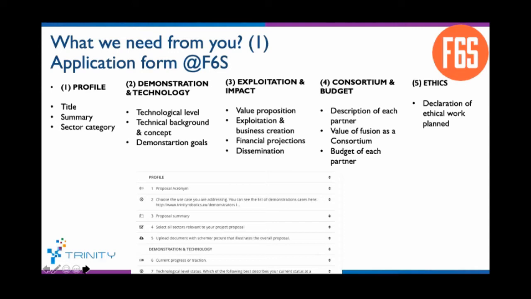You can always find those files in the application form, where you see a link. For example, the declaration of honor, or the proposal template 3.1. Those are the documents that you upload from our website.